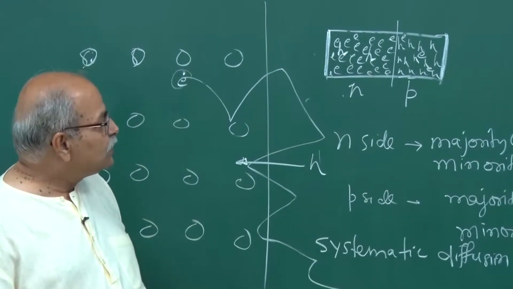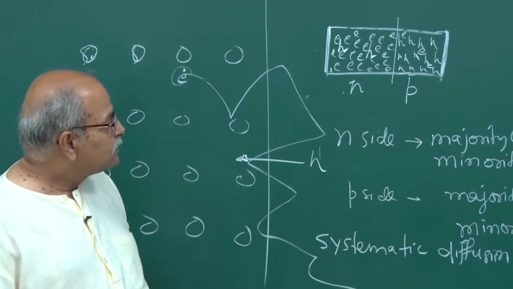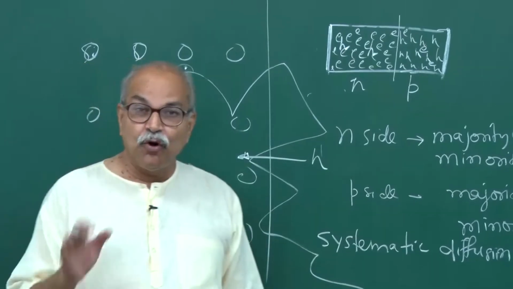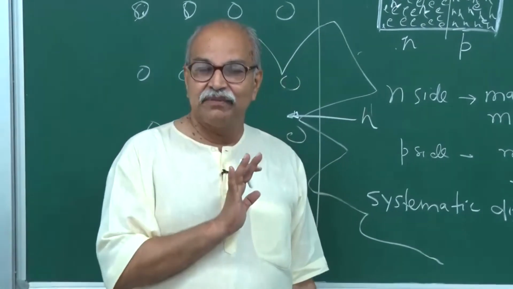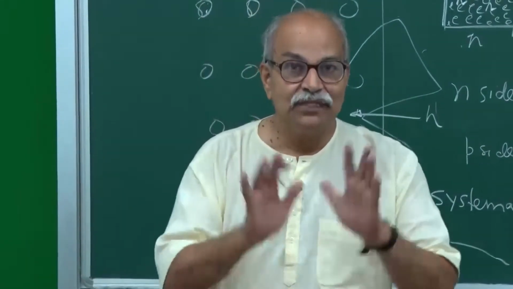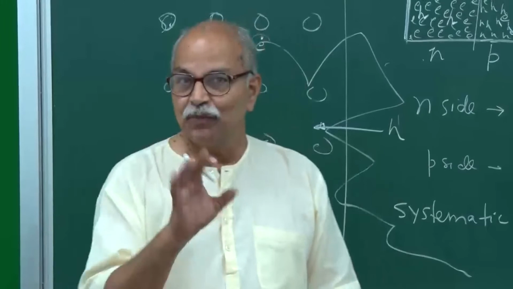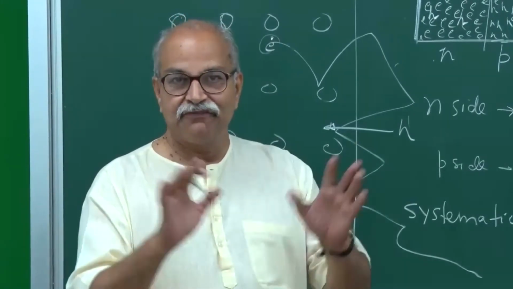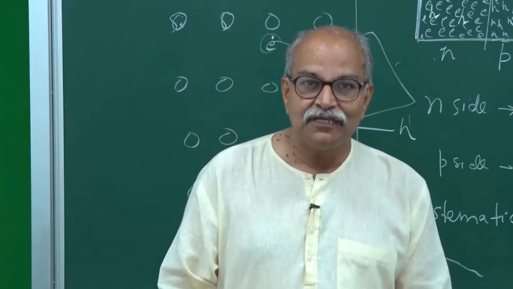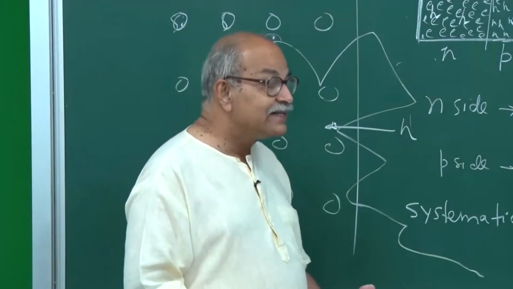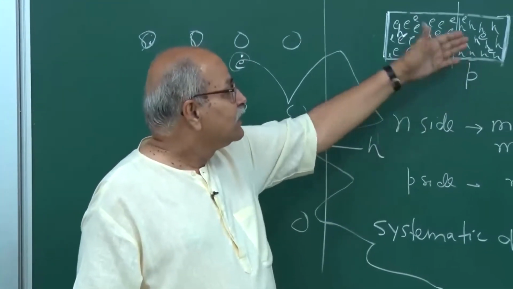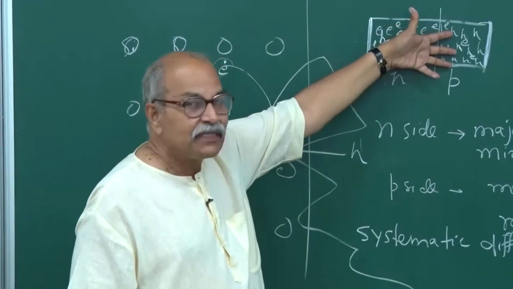Hence you will have a charge density appearing. Remember, when you dope N type or P type impurities, the charge density does not change, it remains 0 in the entire thing, because whatever you dope is neutral. The wafer is neutral, the dopant atoms that you are doping are also neutral. So, this entire charge density is 0, but now there is a systematic movement. Electrons going from left to right, what will they do?